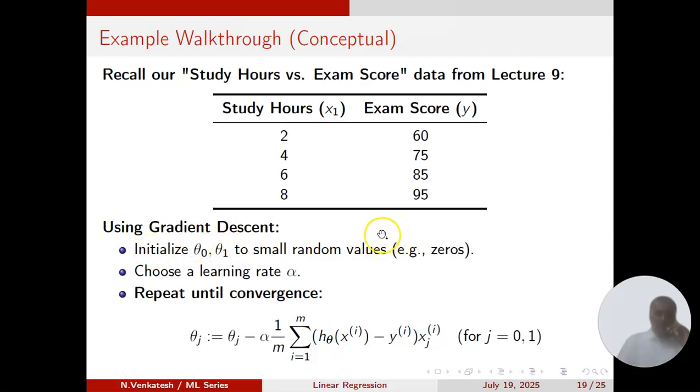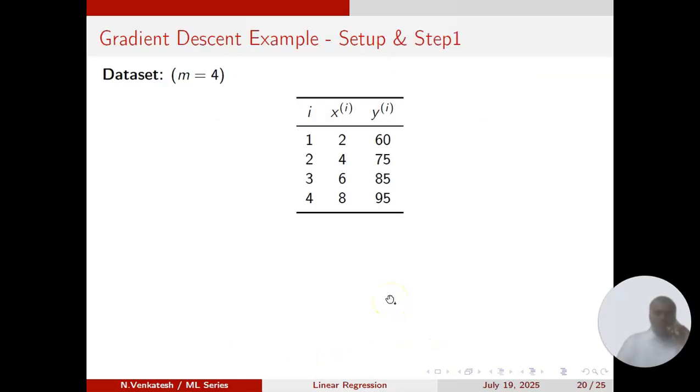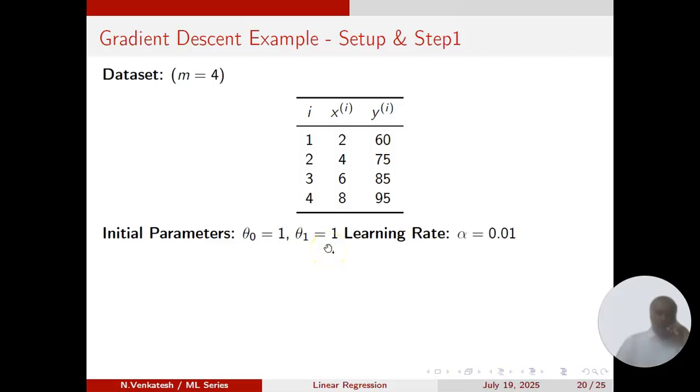In this example we consider the random parameter values as 1, 1, and we choose a learning rate, and then we repeatedly update these theta values. We have considered the initial values as 1 and 1, and the learning rate as 0.01.